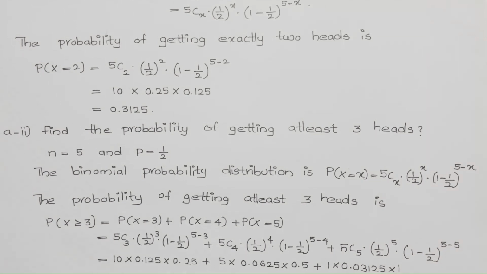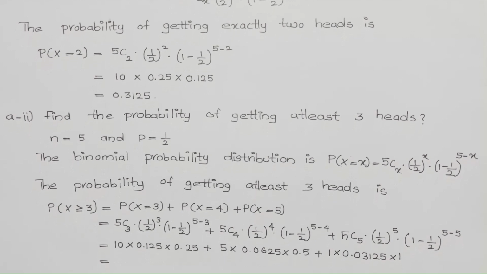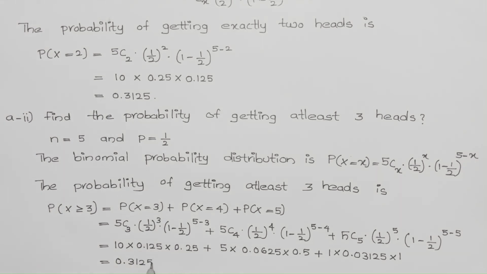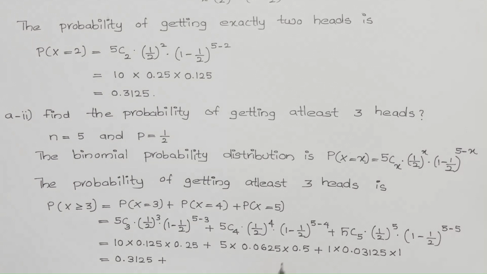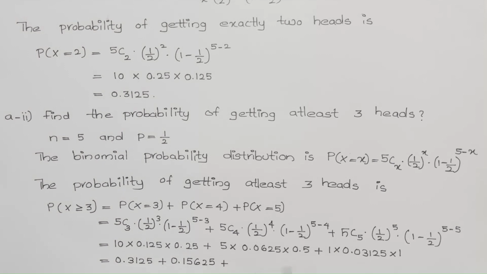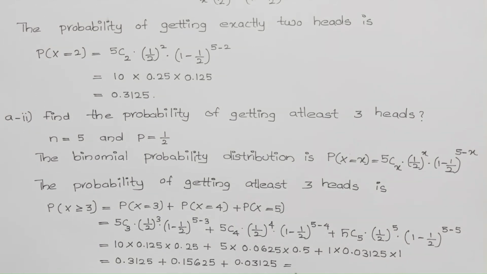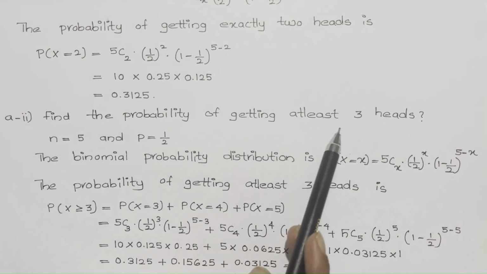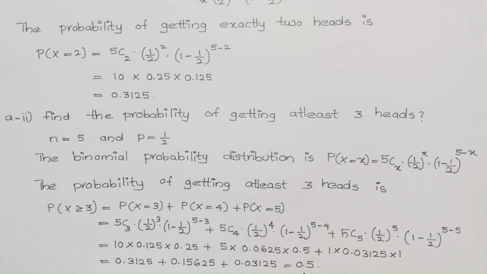Thus, 10 into 0.125 into 0.25 equal to 0.3125 plus 5 into 0.0625 into 0.5 equal to 0.15625 plus 1 into 0.03125 into 1 is 0.03125, equal to 0.5. Therefore, the probability of getting at least 3 heads is 0.5.